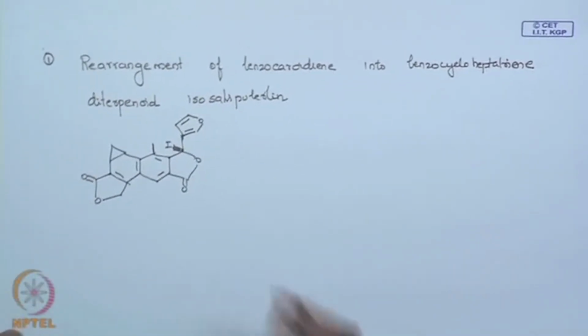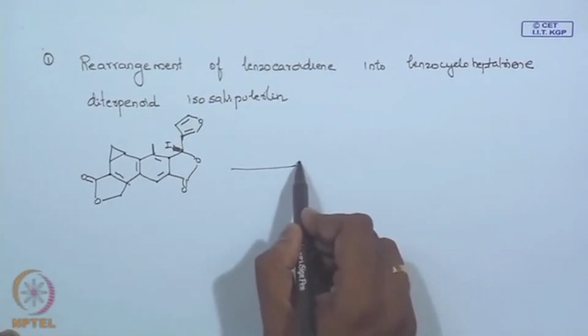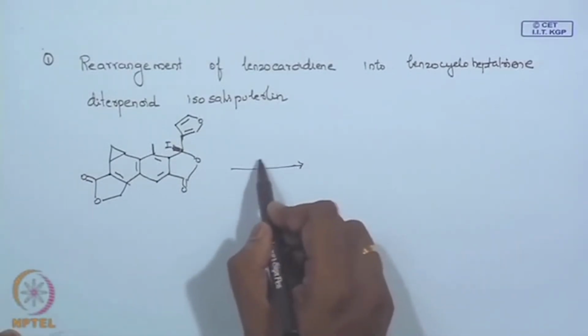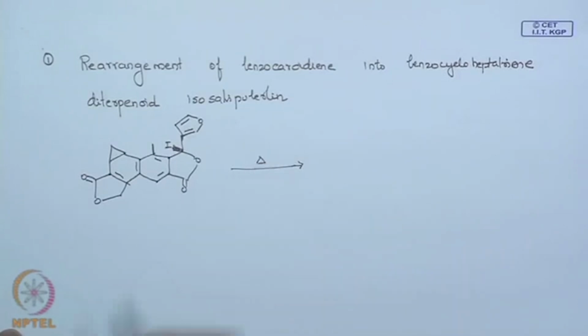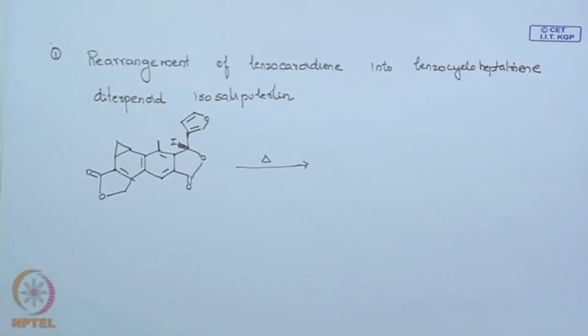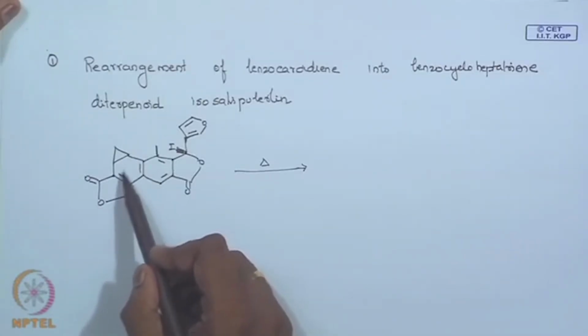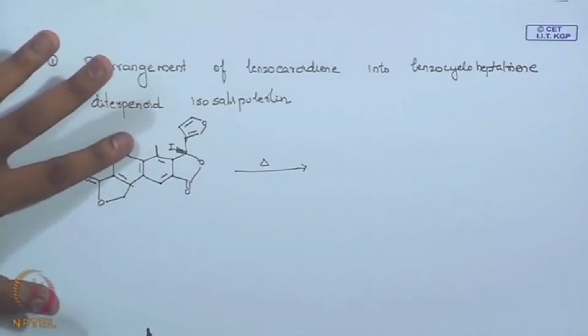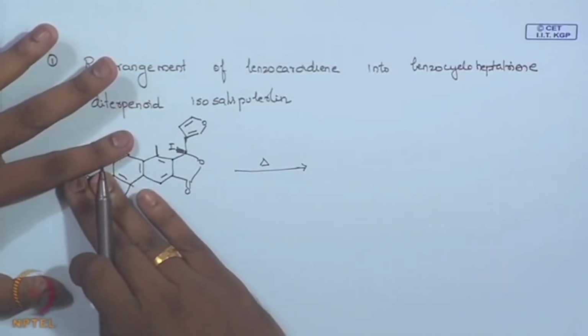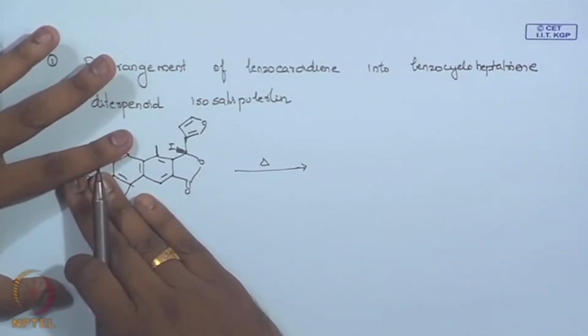Now I take this compound and slightly heat it. So what are you going to expect now? I told you, it's not only about electrocyclic reactions. You have to think about all your pericyclic reactions. So you see, you have a system like this which you have studied in electrocyclic reactions, right?